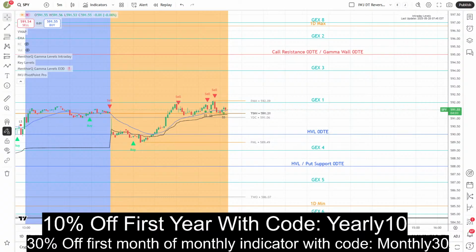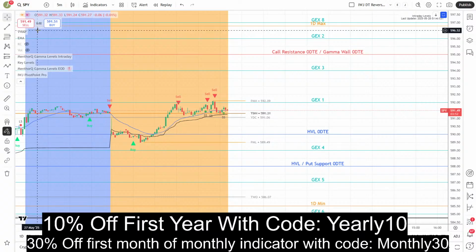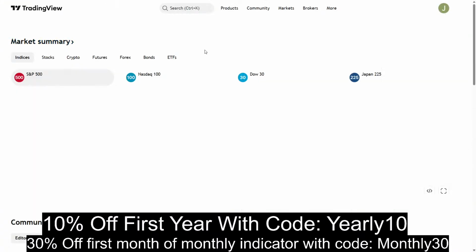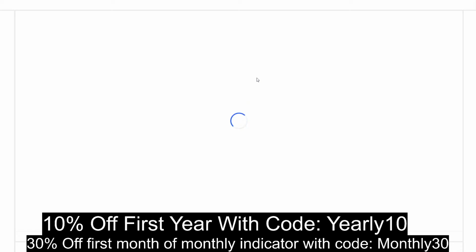How do you add CME on TradingView? So they have packages, and I think, let me go to my account. I don't think they show too much if I show my account on here. Products, I believe. Supercharged calendar. Option. Oh boy. I think I clicked something.